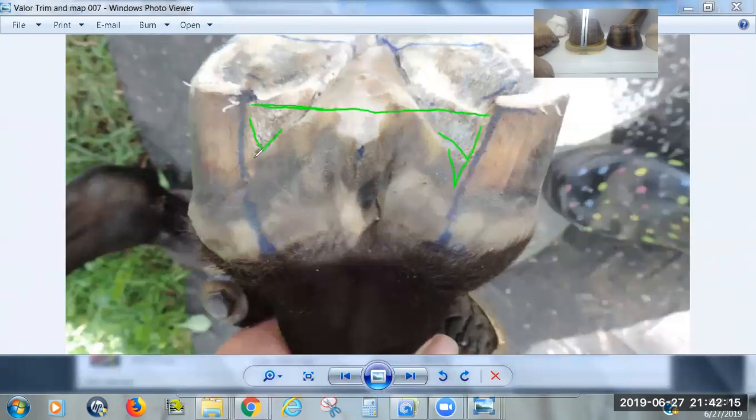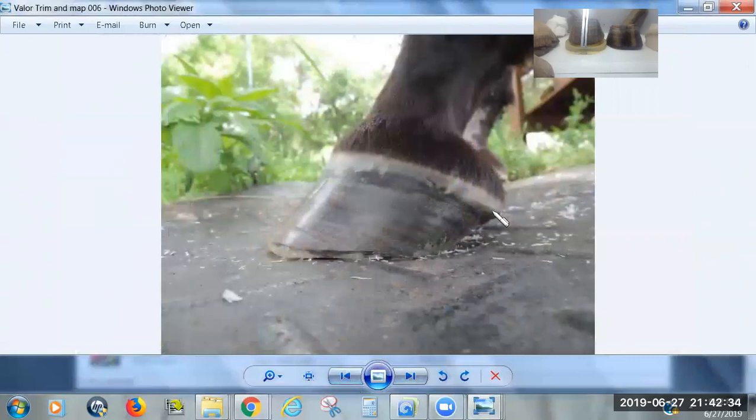See? So then when you're happy with the way the heels are, you will let the frog grow out, right? Yeah, and it would all attach and be just like that wild horse's foot. Hey, see this thick skin here?